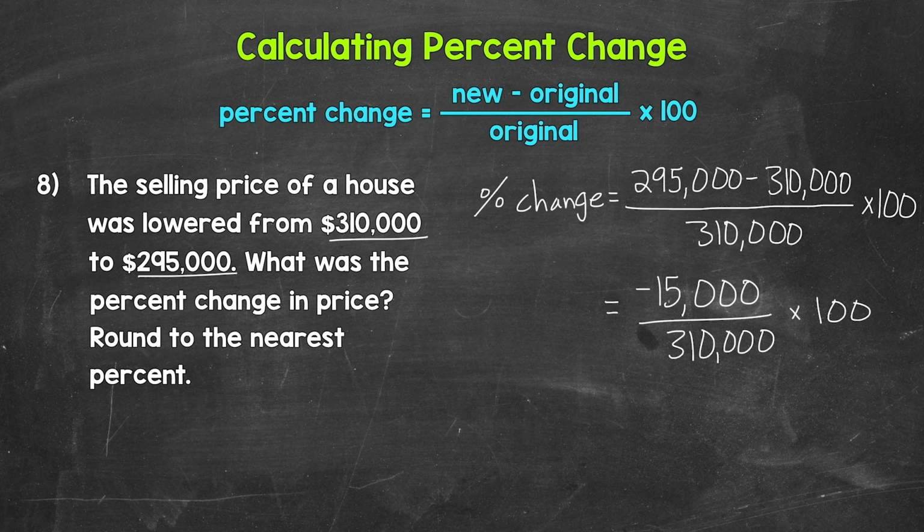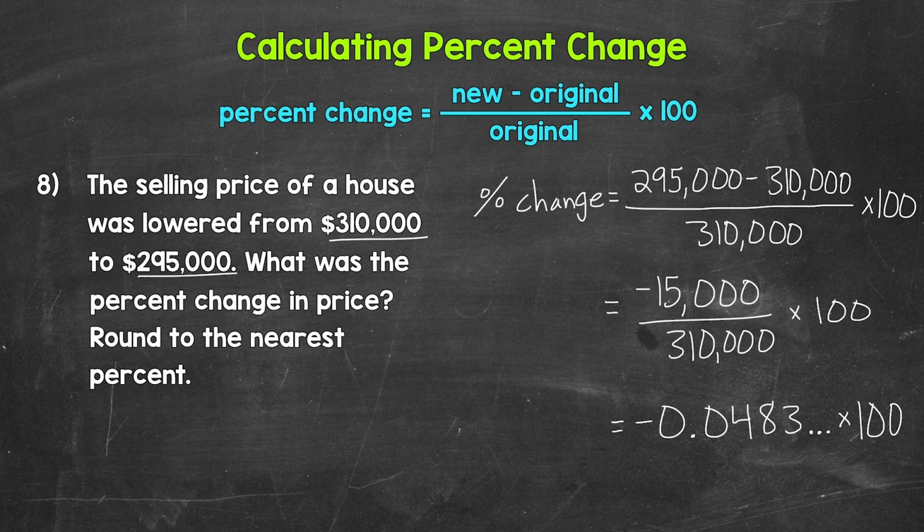We have negative 15,000 divided by 310,000. That gives us negative 0.0483, and that decimal continues on. It actually ends up repeating, so let's stop there, and we need to multiply that decimal by 100 in order to convert it to a percent.